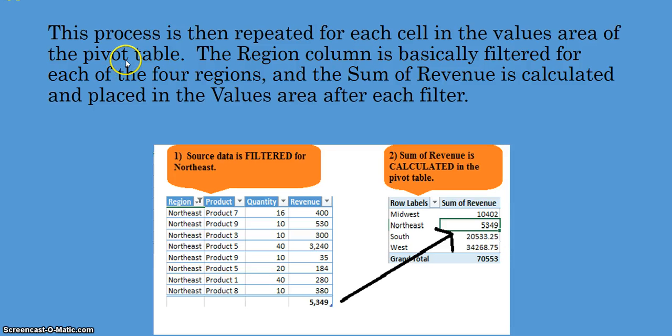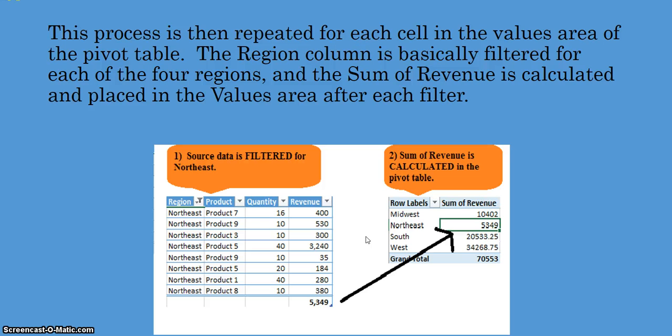This entire process of filtering and calculating is repeated for each cell in the values area of the pivot table. The region column is filtered for each of the 4 regions, and the sum of the revenue is calculated and placed in the values area after each filter.